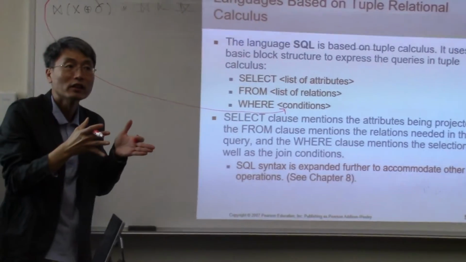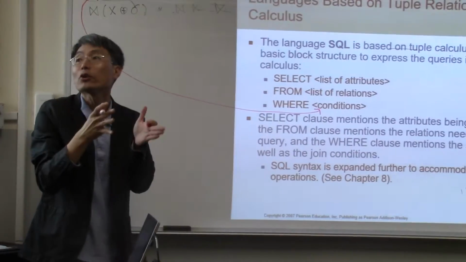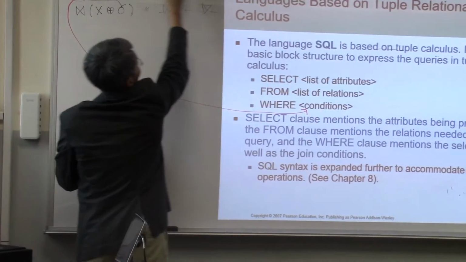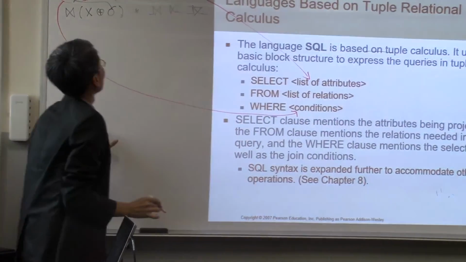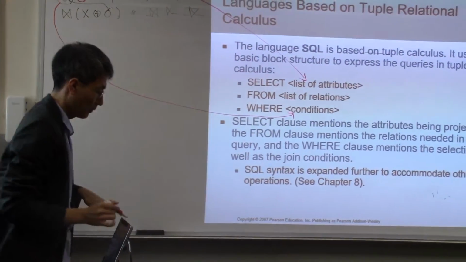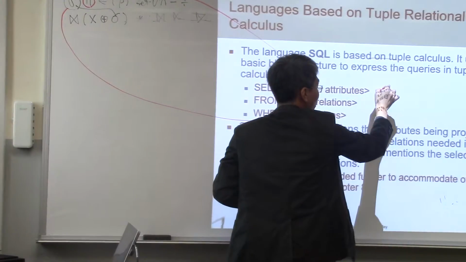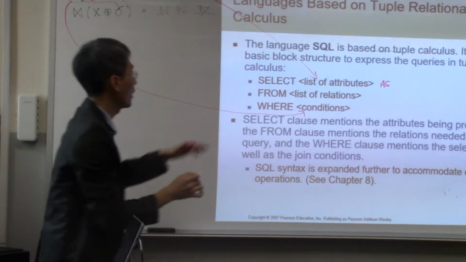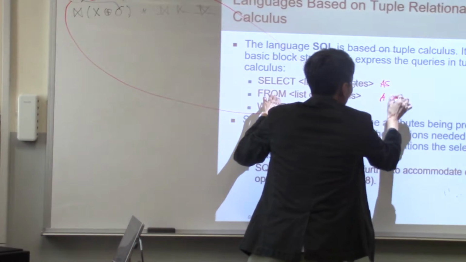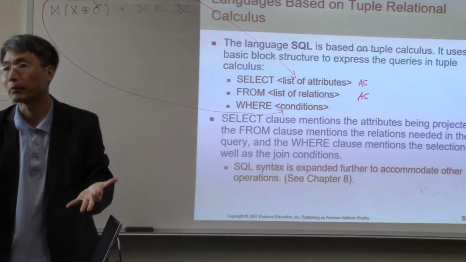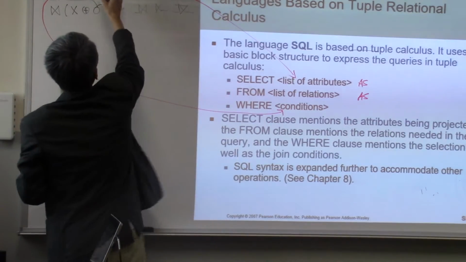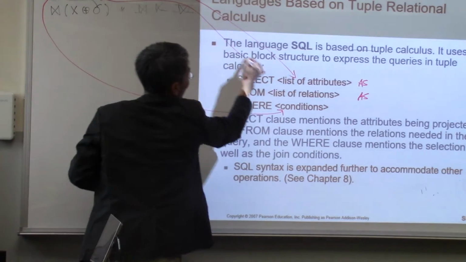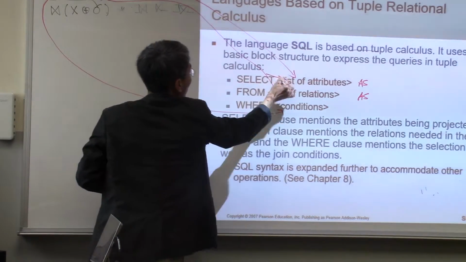We limit the attributes, specific attributes, so it's going to the list of attributes. And rename. Rename is not mentioned here in detail, but it is like the AS. You can rename, and also you can rename the table name or relation name here. So this rename is implemented here and here.